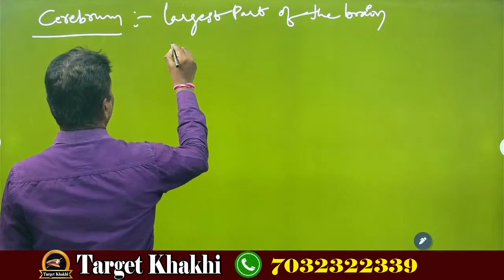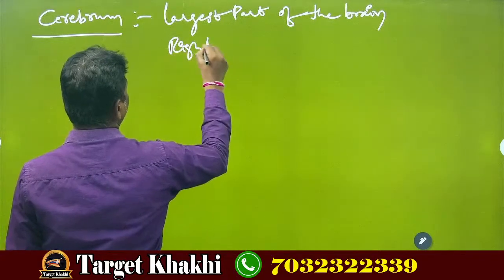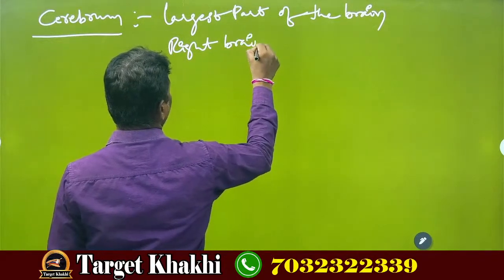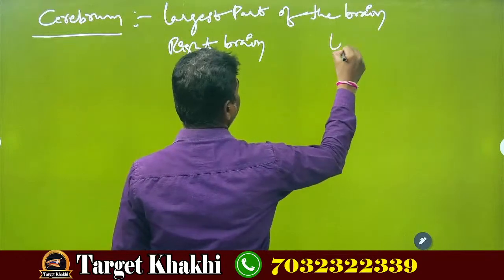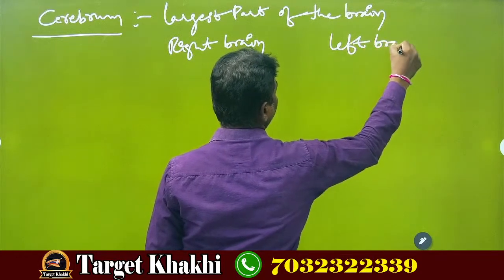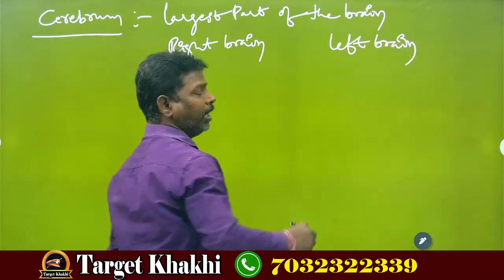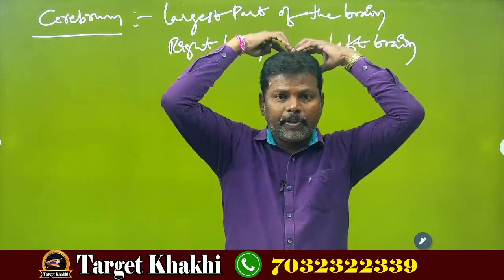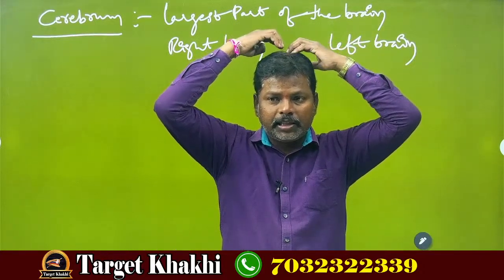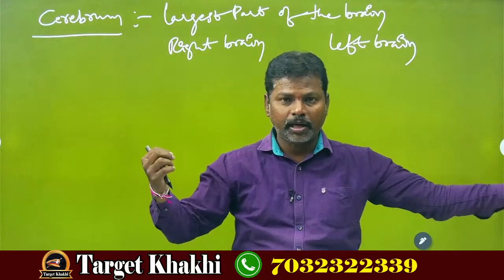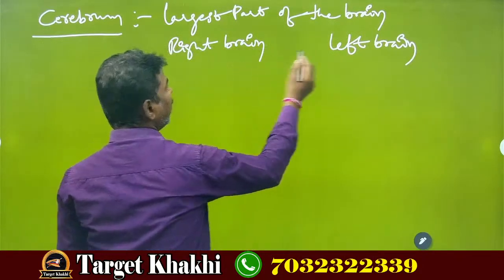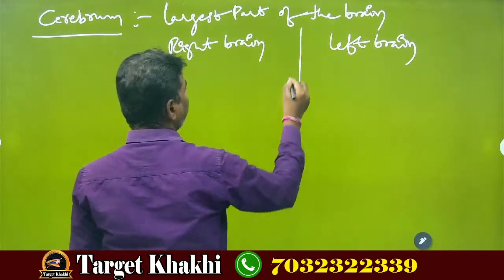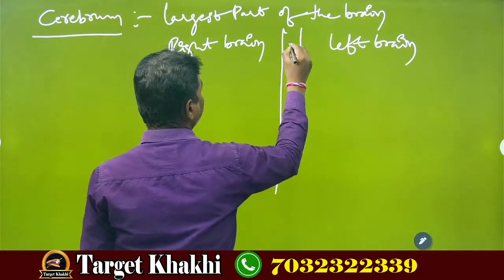So, right brain and left brain. Why am I telling right brain and left brain? If I look at you in the brain, this becomes right, this becomes left. So right brain and left brain is divided by a part called what?